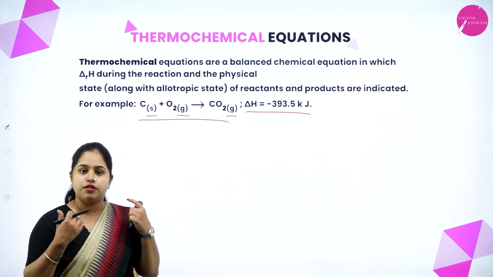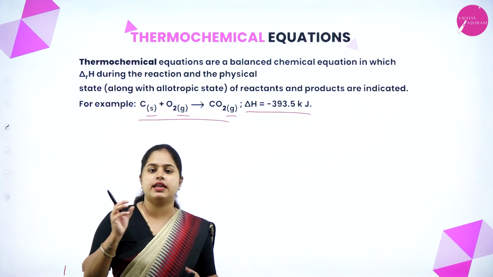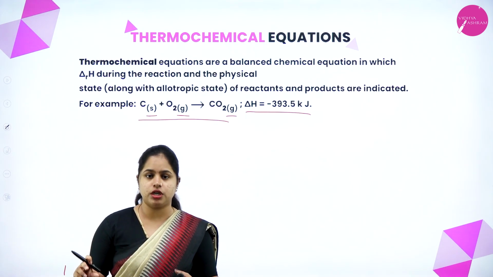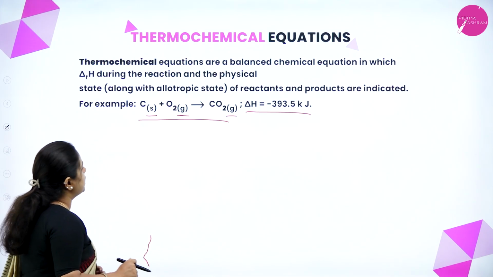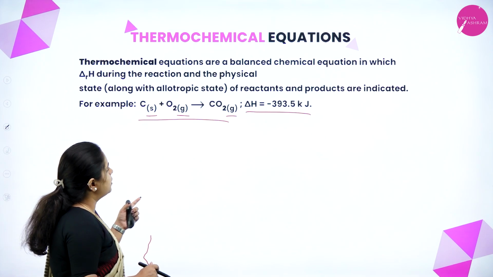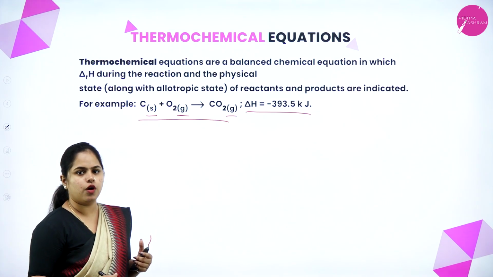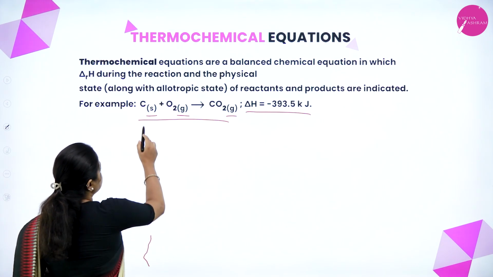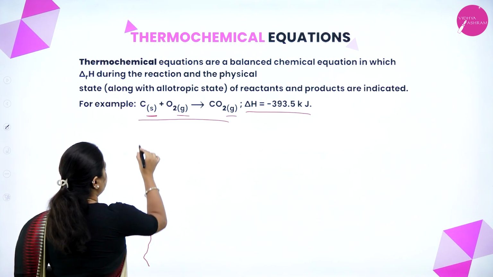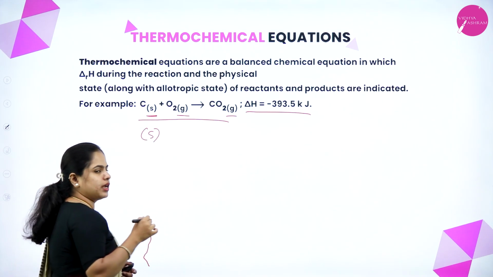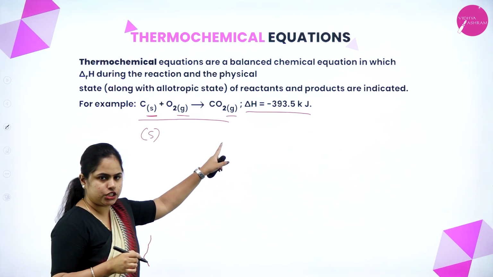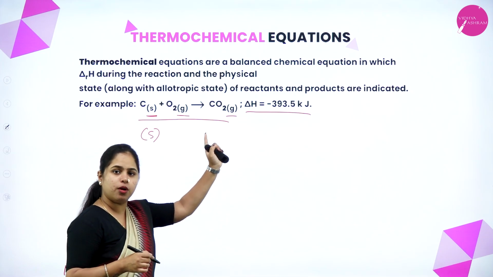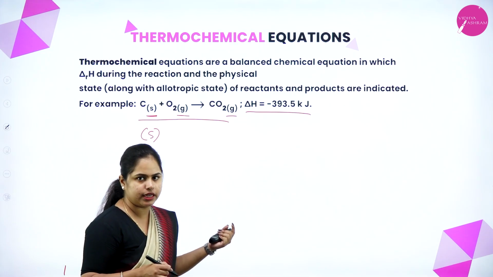So, the physical state of each of the reactants and products needs to be mentioned along with the enthalpy of the reaction. As you can see here in this example, carbon and oxygen are combining to form carbon dioxide. Carbon is in the solid state, which is represented by S in brackets. S stands for solid. And oxygen, which is in the gaseous state, combines to form carbon dioxide, which is also in the gaseous state.